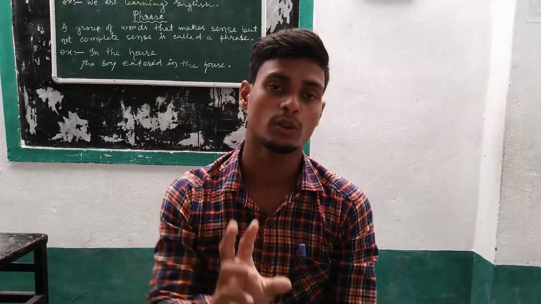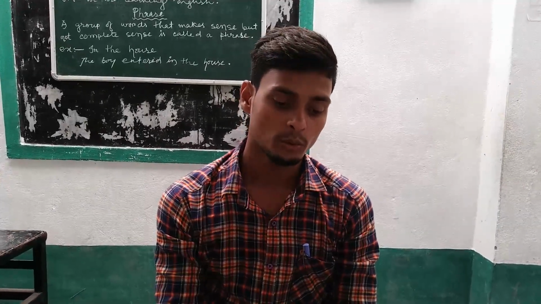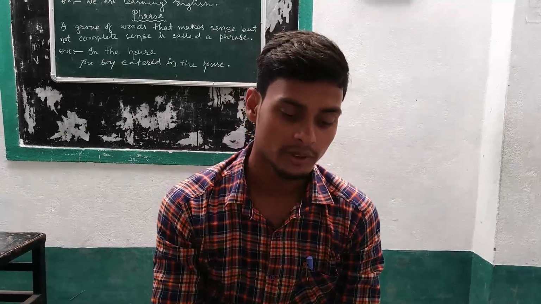That means this question can be answered by only yes or no. Are you hungry? Yes or no. Simply with any one of these two words, you can give the answer. This is called a simple question, and in your book you can see this is given as yes no question.